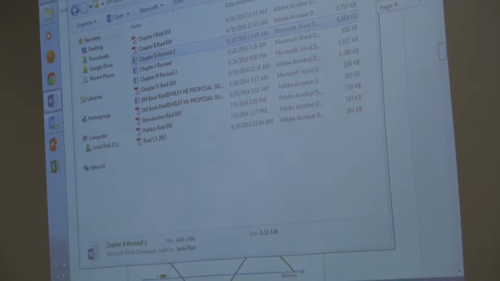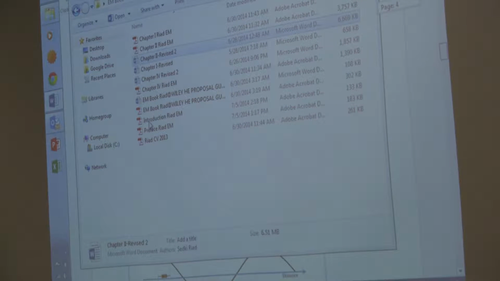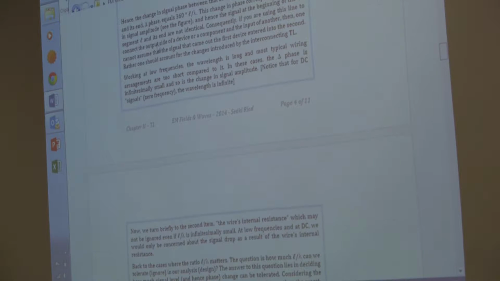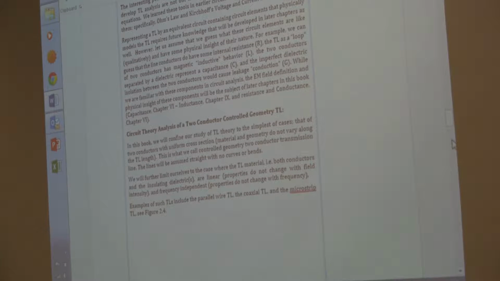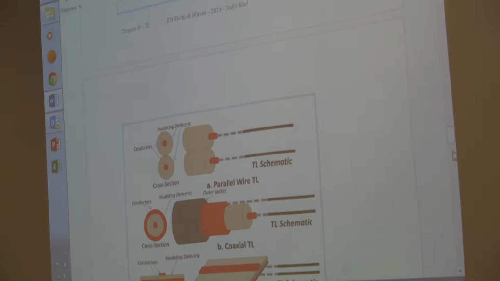Maybe that will go faster. Okay. I want to get a couple of graphs here.